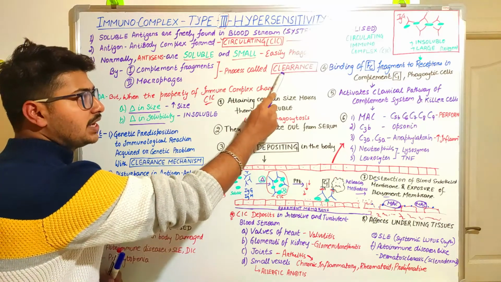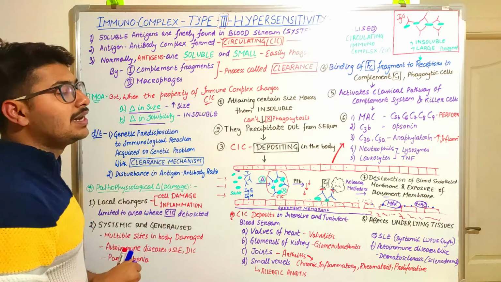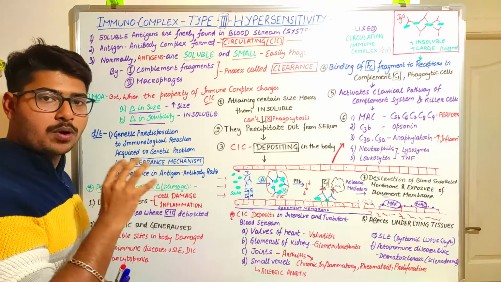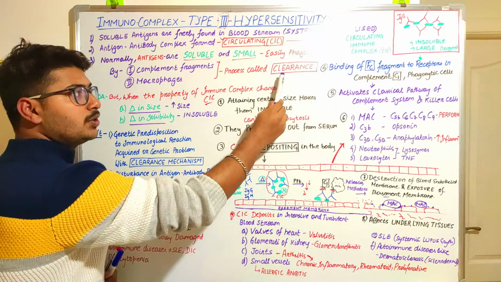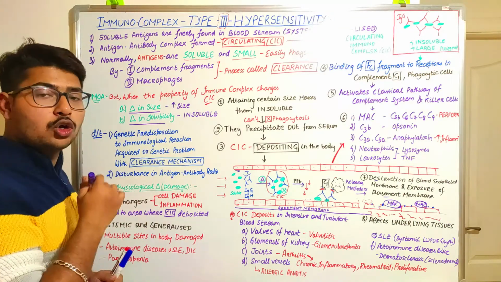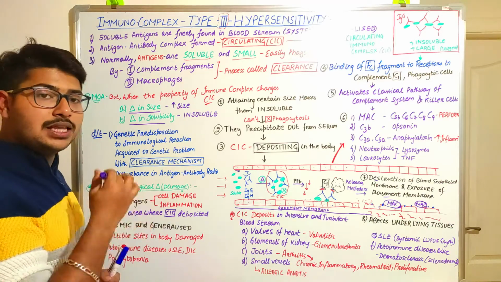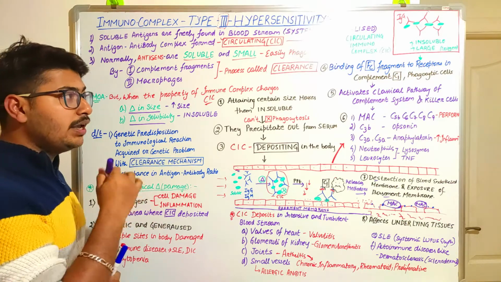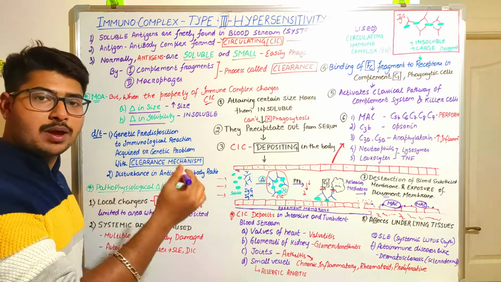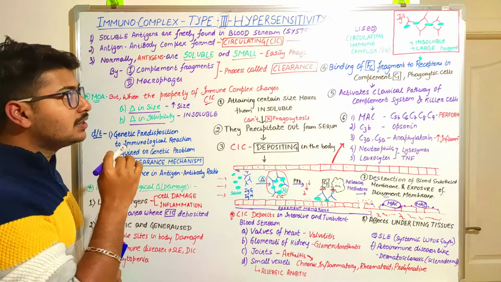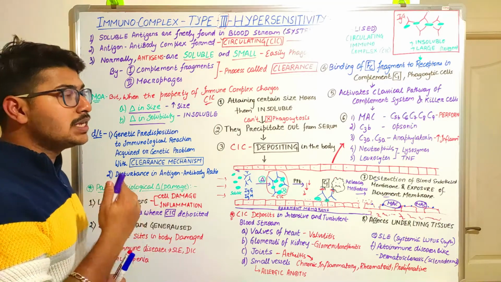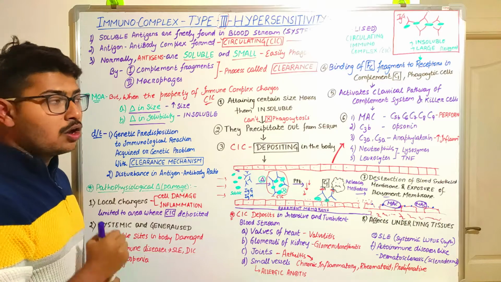As I discussed before, clearance mechanisms help eliminate the antigen antibody complex normally from our body. If there is any problem with this clearance, the immunocomplex will not be phagocytosed, and will persist in our blood vessels. If they persist for a long period of time, they are going to develop chronic inflammatory diseases in our body.